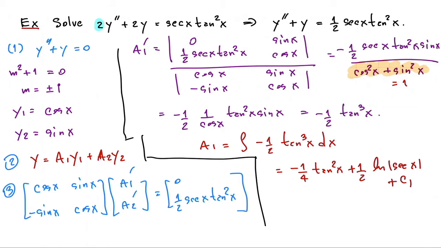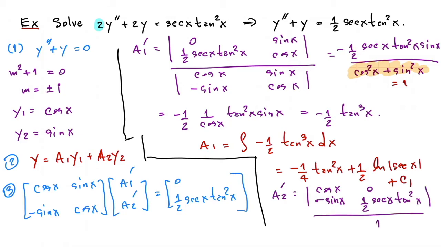And similarly, guys, a2 prime is the determinant of cos x, minus sin x, 0, 1/2 sec x tan squared x, divided by 1, because it's divided by the same term, which is 1 here.